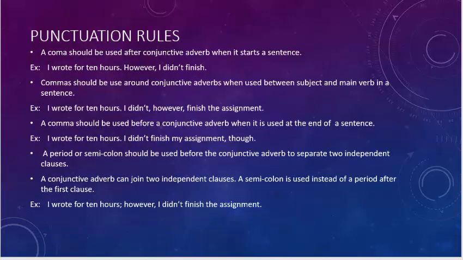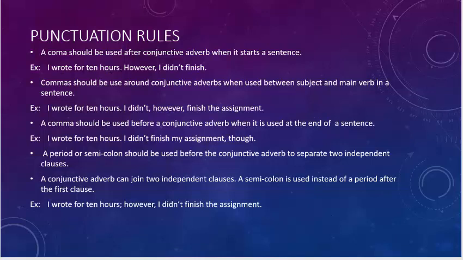There are some punctuation rules for using these conjunctive adverbs. The first rule is that a comma should be used after a conjunctive adverb when it starts a sentence. It means that if we want to use a conjunctive adverb at the beginning of the sentence, after the conjunctive adverb we have to put a comma. For example, I wrote for 10 hours.